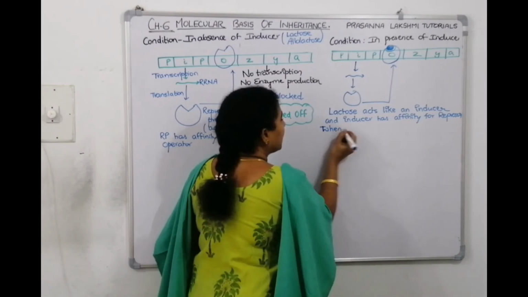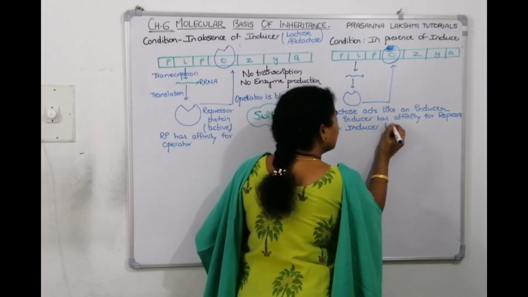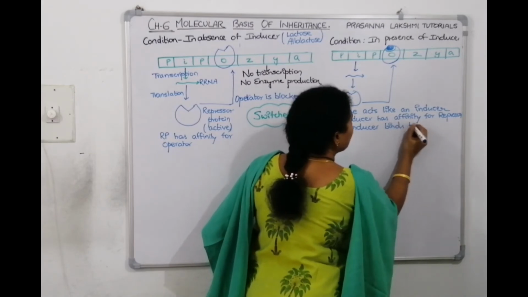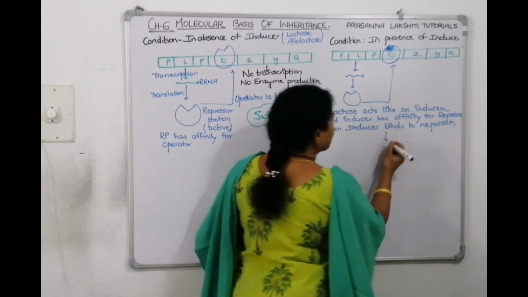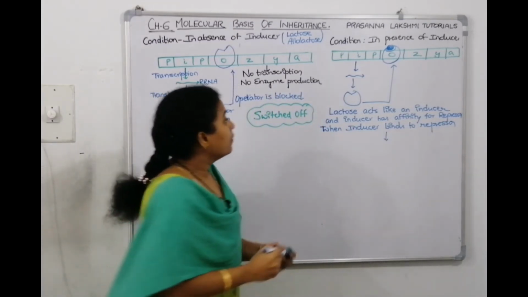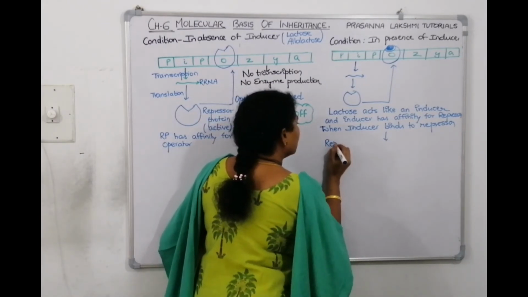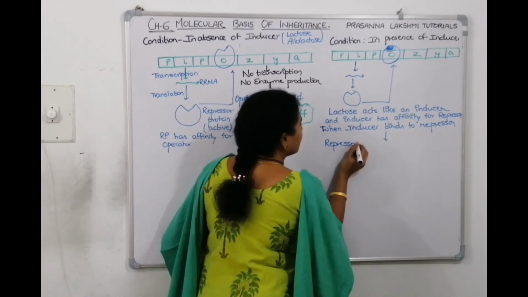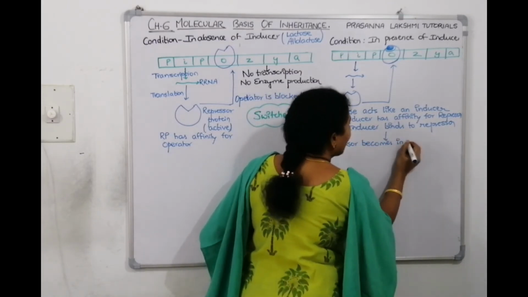When the inducer binds to the repressor, children, tell me what happens. The repressor protein's conformation gets changed. When the inducer binds to the repressor, it becomes inactive.